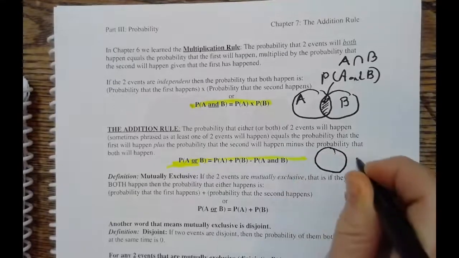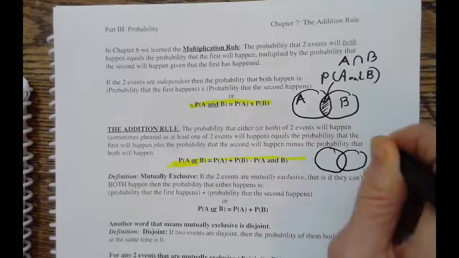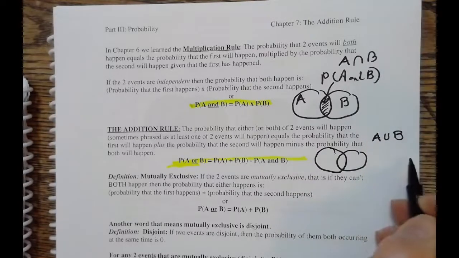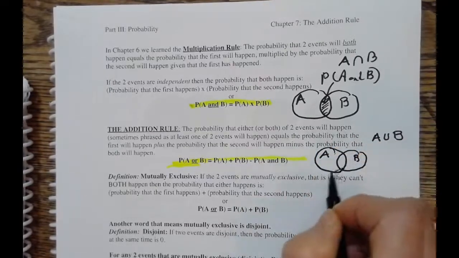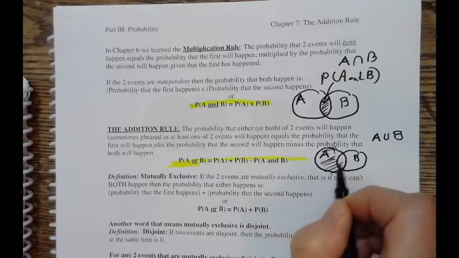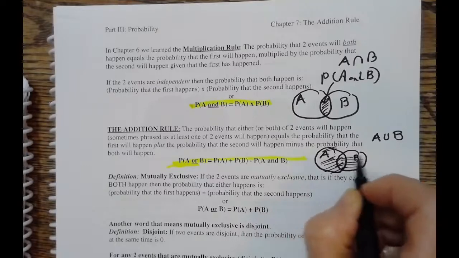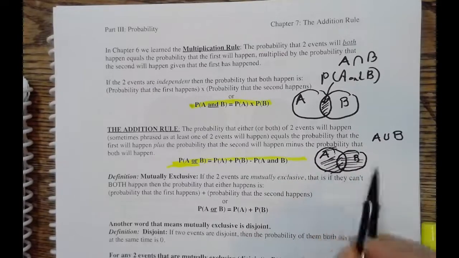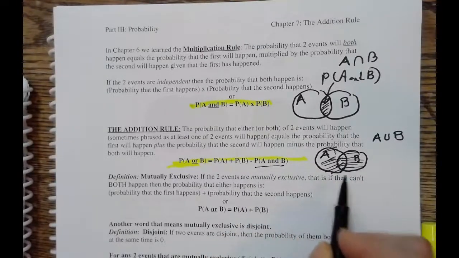So it gets bigger and bigger, and it's basically the union of all the events. So if this is A and this is B, it would be all of A, including the intersection here, and all of B, which would include the intersection again, so you don't want to double count that, so you'd subtract it off. If there is an intersection, you'd subtract it off, if A and B can both happen.